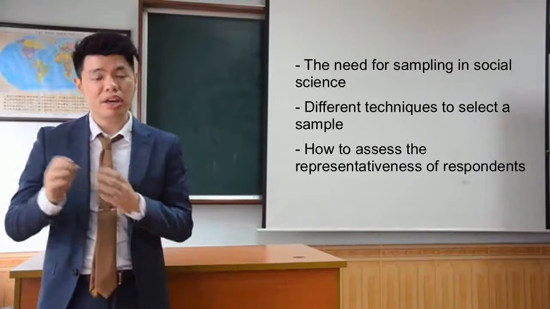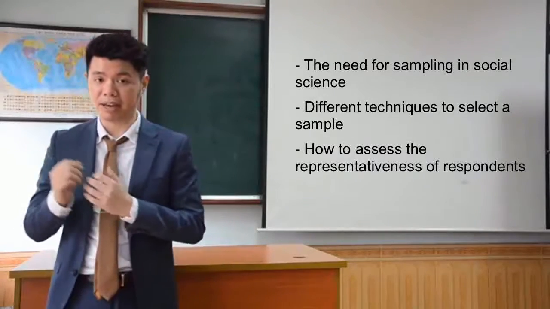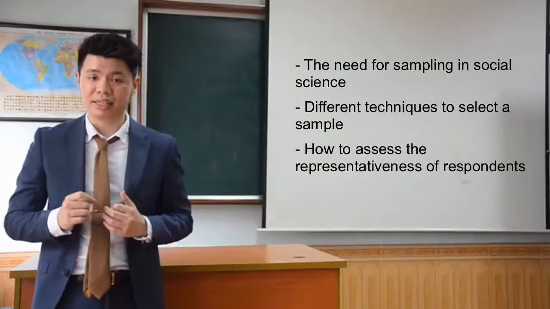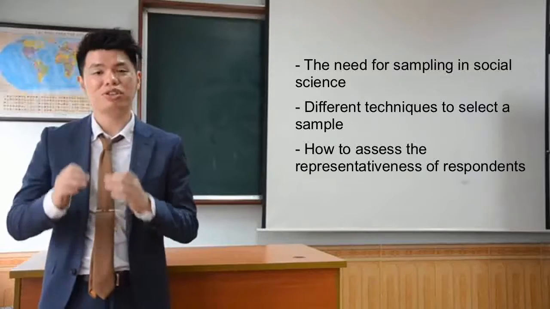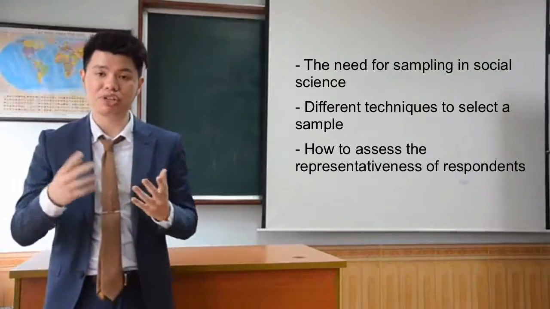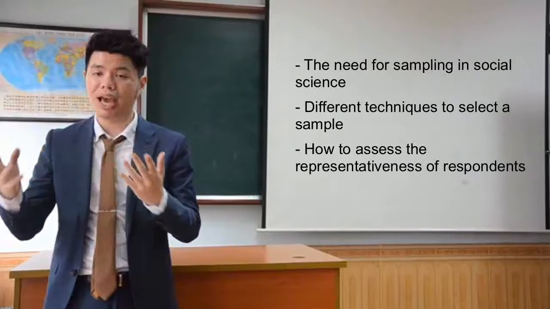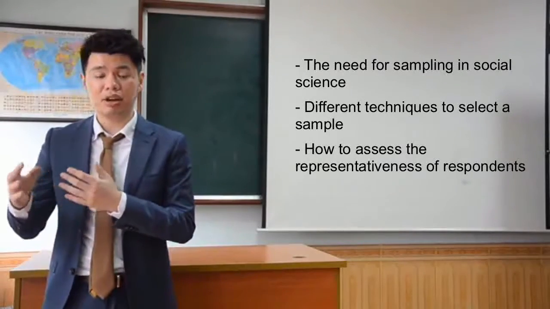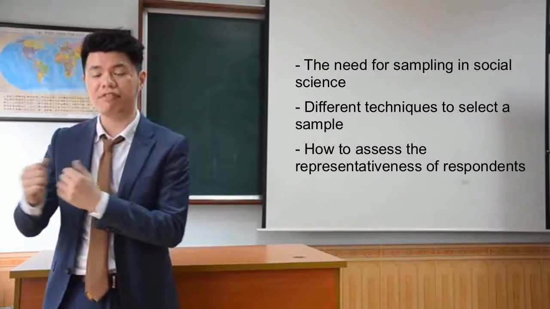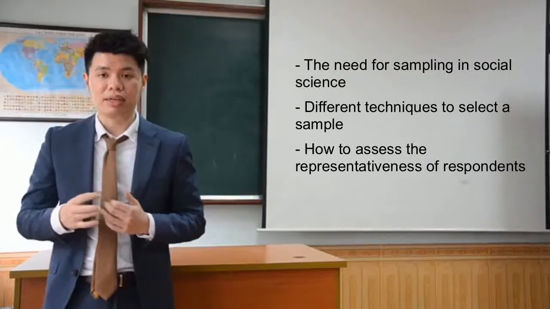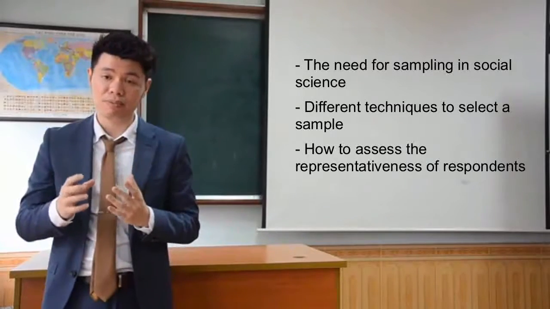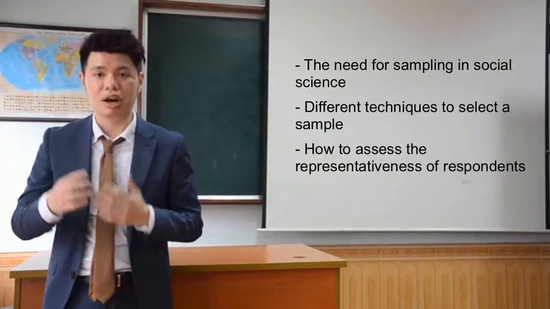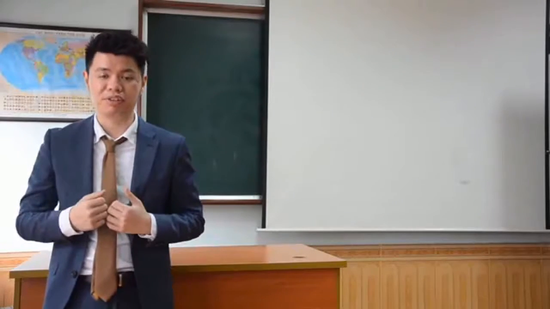For example, if you're going to do research about the impact of using Facebook on the students of Vietnam Maritime University, it is almost impossible to do the research for the whole population of the university, because we have something like 30,000 students. And it's also impossible to talk to them or to give them the questionnaire one by one. So you need to select a group of 300 or several hundred students to represent the whole population of the university.